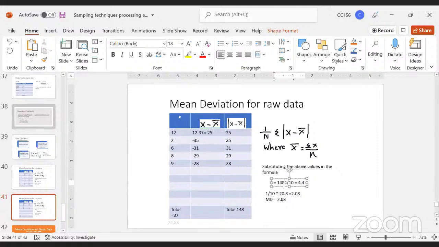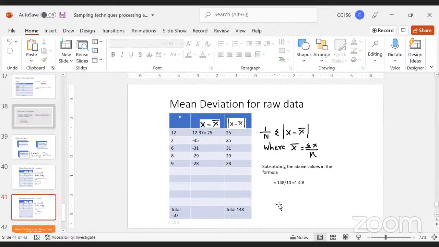This is how you'll be calculating the mean deviation. In the next class, we'll proceed with the rest of the concepts. X bar is the mean, the average, sum of scores by number of scores.